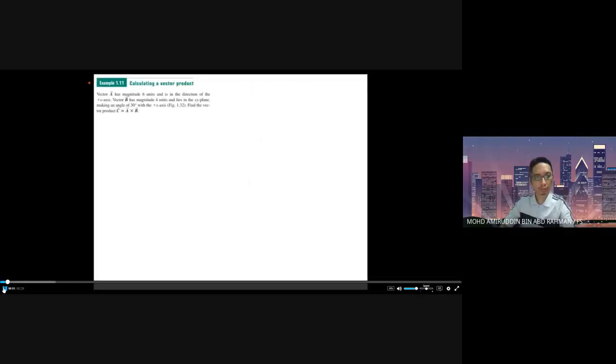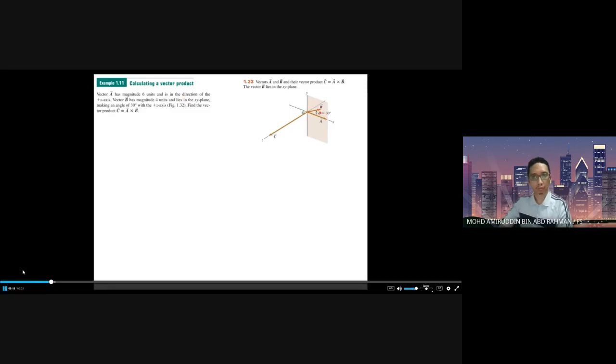Example 1.11. We're going to find the cross product between a vector A, which has magnitude 6 units and is in the positive x direction, and vector B, which has a magnitude of 4 units and lies in the xy plane as shown here, making an angle of 30 degrees with respect to the positive x-axis.